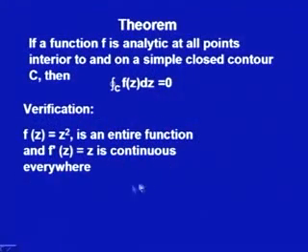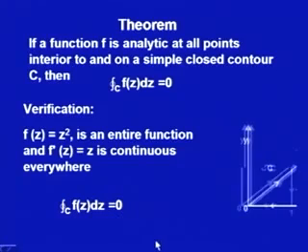So, here we first verify this result for our examples. You do remember in contour integration we did one function, z square. Z square we know is an entire function, that is, it is analytic everywhere, and f dash(z) is 2z, which is continuous everywhere. So all these conditions are satisfied. That says if I take any simple closed contour, I must get the integral to be 0.